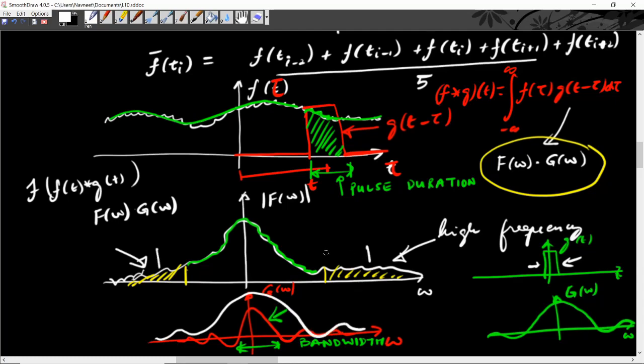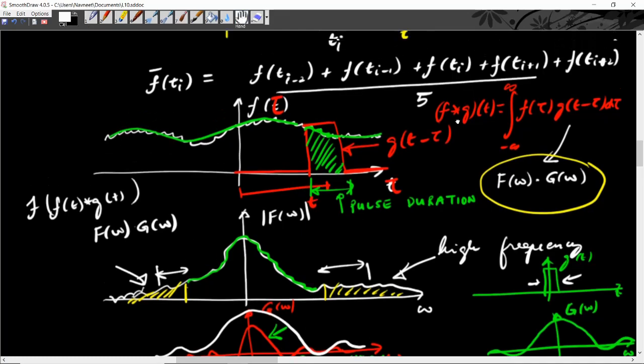That means some range of high frequencies would not be zeroed out because the Fourier transform of the rectangular pulse is now broader, and therefore the resulting signal would not be as smooth as one would get using a rectangular pulse having a larger pulse duration.